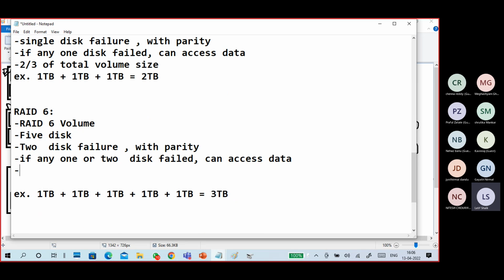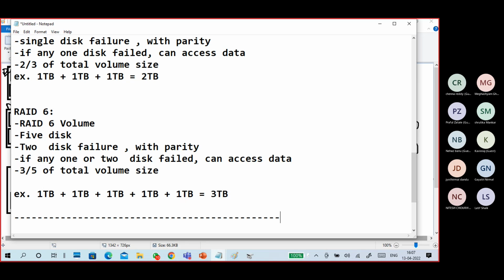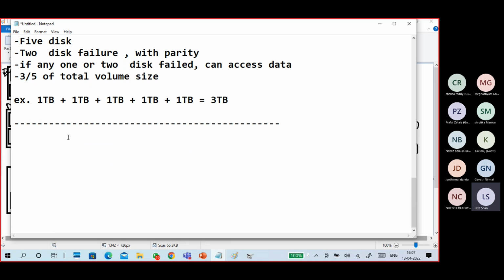Here also the same thing, 3/5 of the total volume size. Okay, so RAID 50 and RAID 10 are combinations of RAID 5 and RAID 0, and RAID 1 and RAID 0.